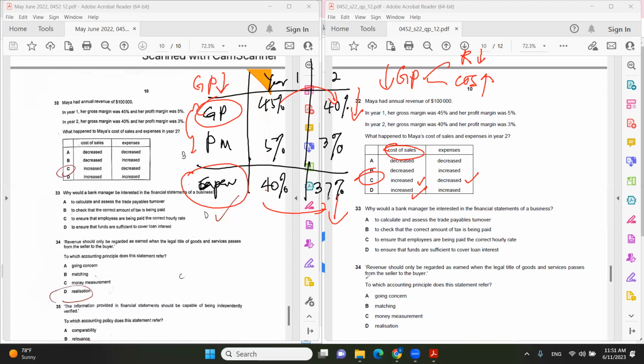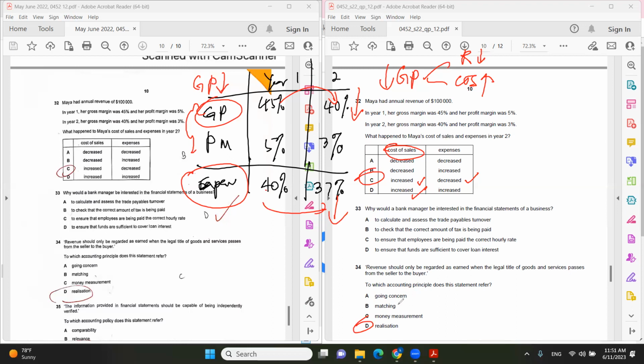Okay, question 34. Revenue should only be regarded as earned when the legal title of the goods and services passes from the seller to the buyer. Which accounting principle does the statement refer to? This is talking about realization. I just use this to explain each accounting principle. Going concern assumes the business operates forever.